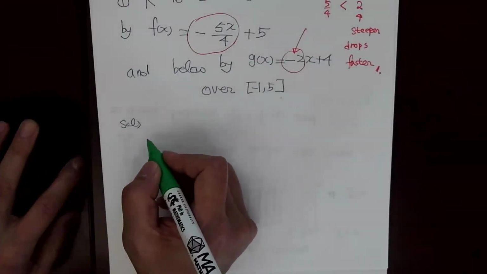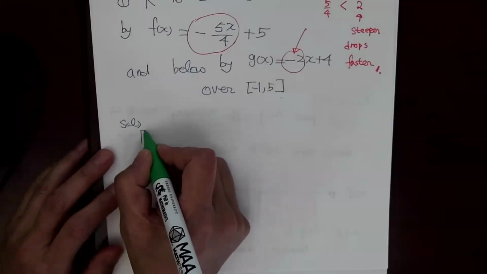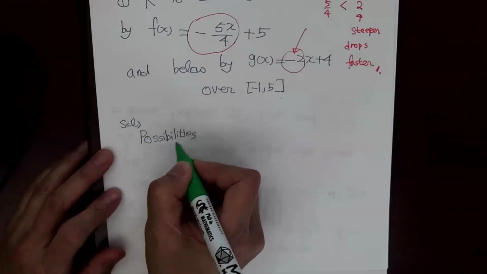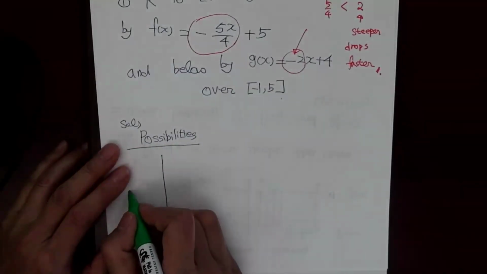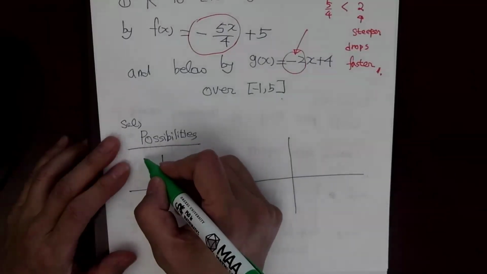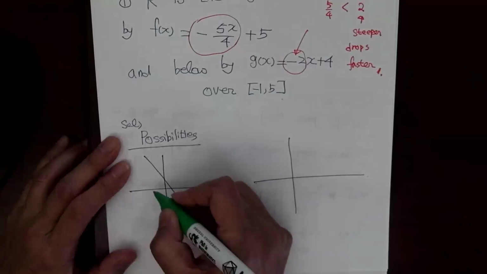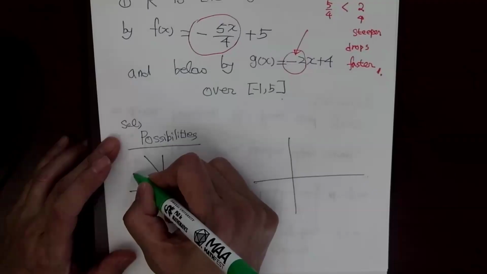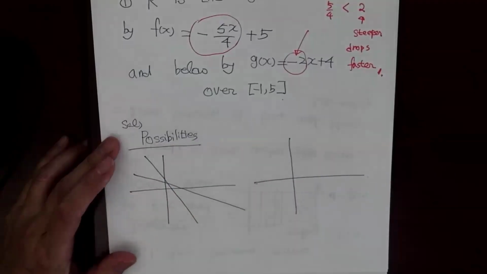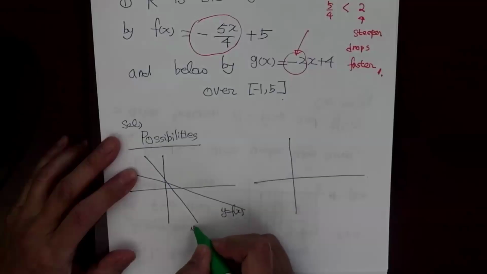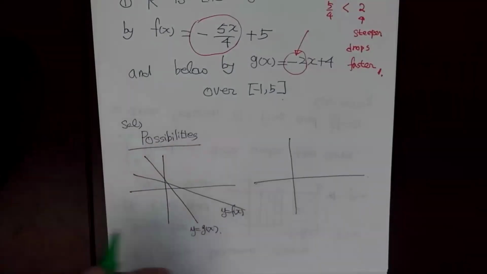So we have to think about two possibilities. One drops faster and the other one goes slower. So this one is obviously y equals f of x, and this one is y equals g of x.